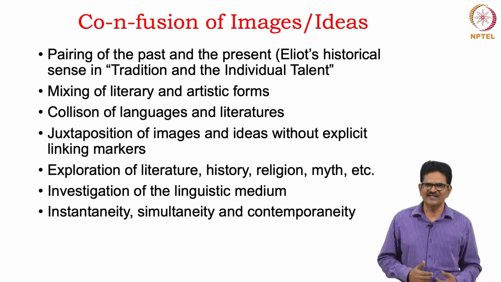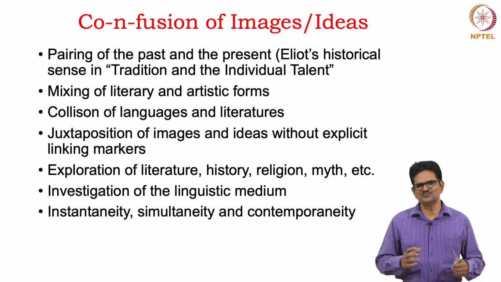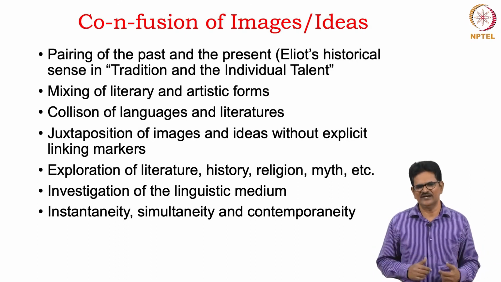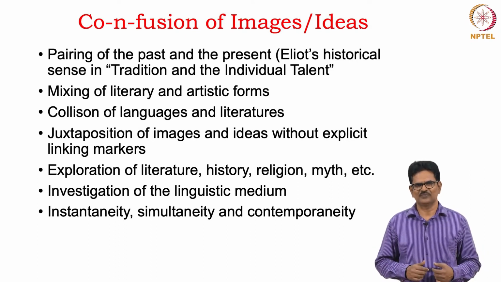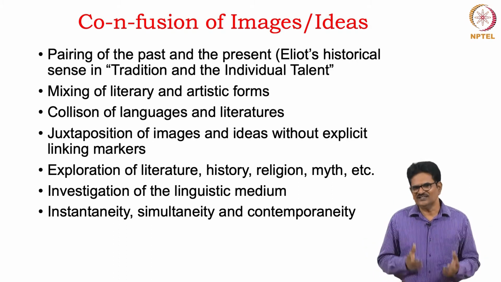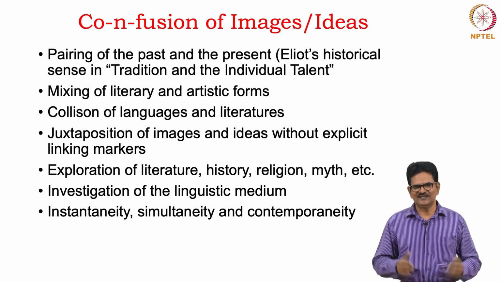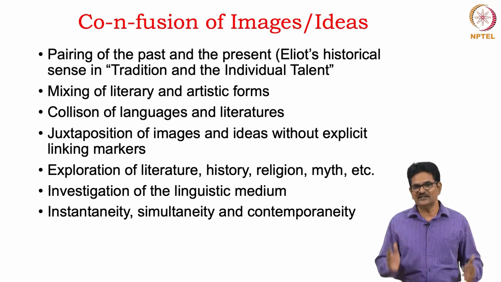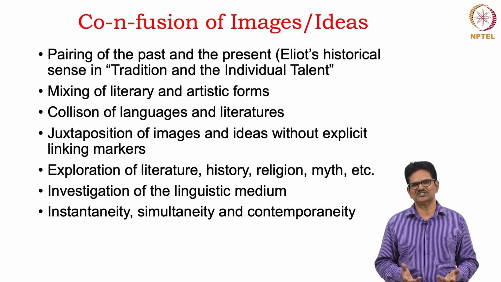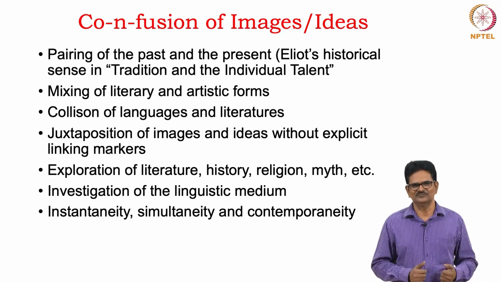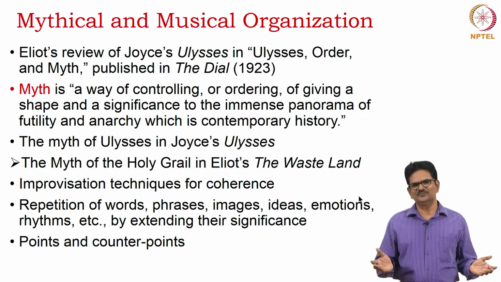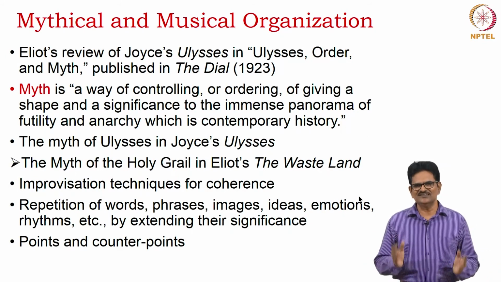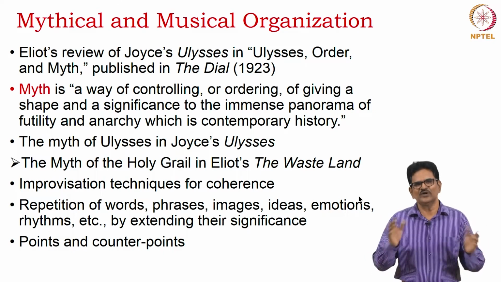They investigated the linguistic medium much more seriously than poets who came before. And as a result of all this, what they achieved was instantaneity, simultaneity and contemporaneity of experience, expression, everything in their poem. Just because they had despair and disorientation, it does not mean that these poems had no coherence at all.